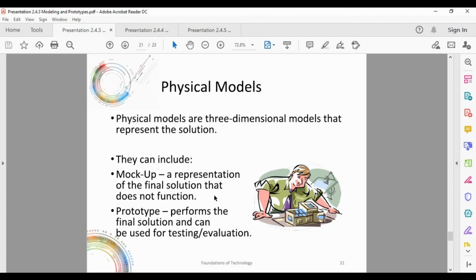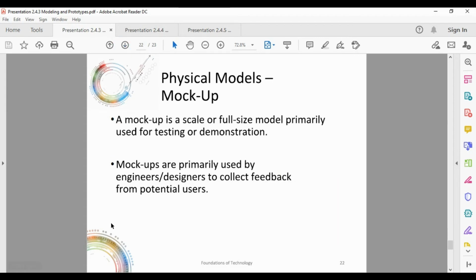It might just be the exterior of the car with no engine. And then the prototype performs the final solution and can be used for testing or evaluation. So the prototype is the working model, whereas the mock-up is one that just doesn't do it at all.